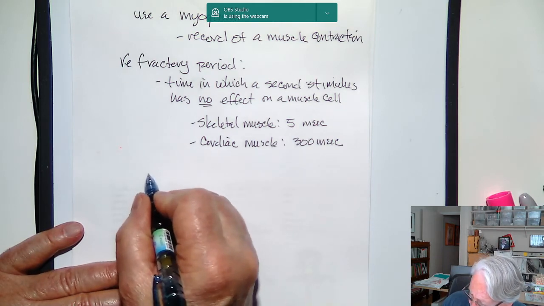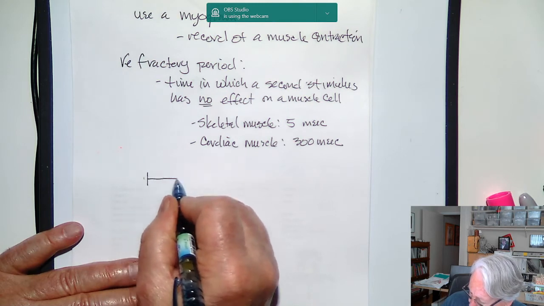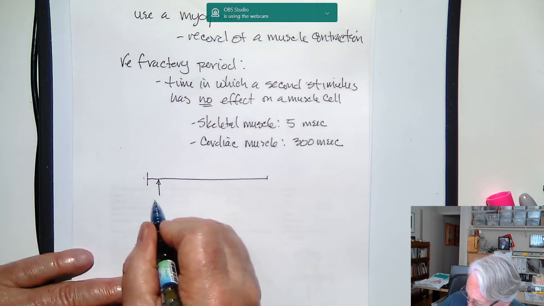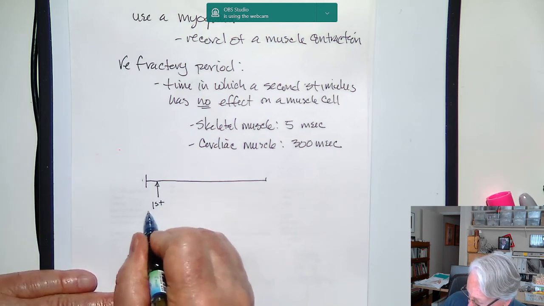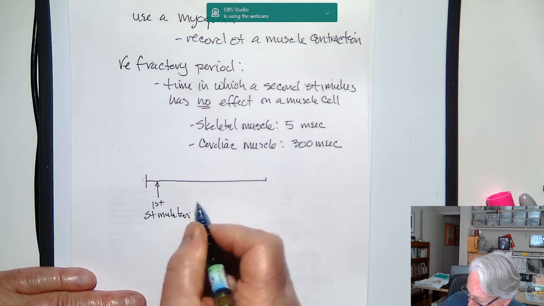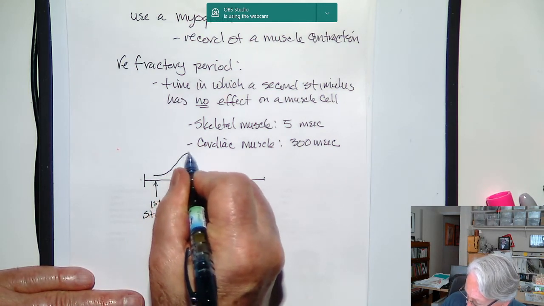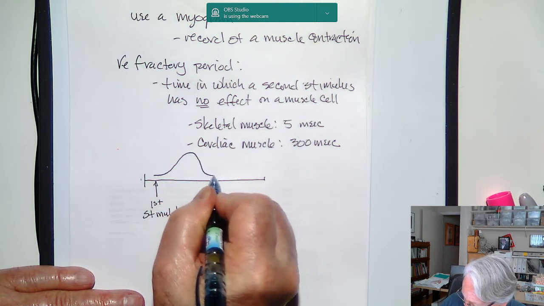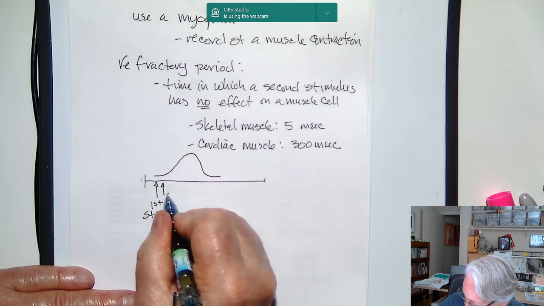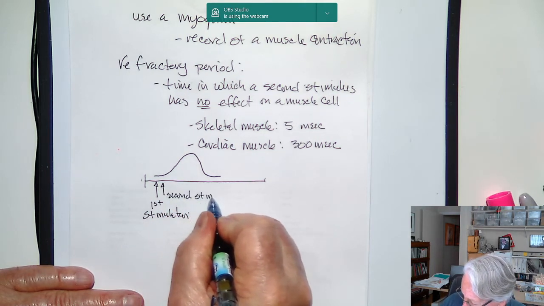So let's say if we are going to graph this, I get my first stimulation here. And I'm going to get the latent period, I'm going to get this, and I'm going to get that. Now, I'm going to get a second stimulation.